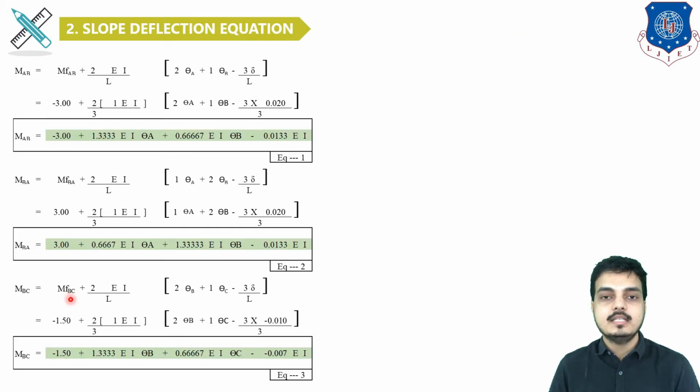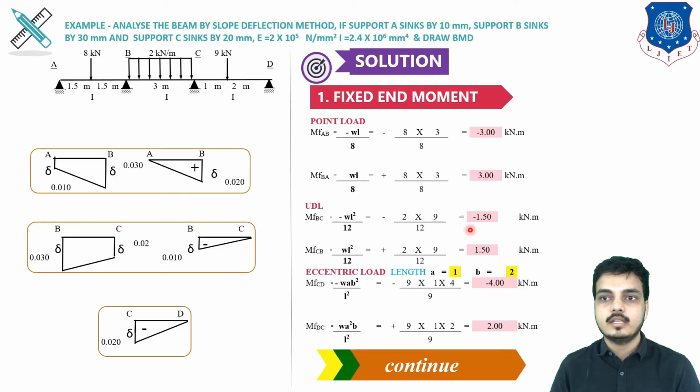MBC equals MFBC plus 2EI upon L into 2 theta B plus 1 theta C minus 3 delta by L. Theta B and theta C will remain as they are because both are my unknowns. At the place of delta we will be keeping minus 0.01. You can directly keep it as minus plus, but I will be doing it later. And at the place of fixed end moment I have kept minus 1.5. So you can see that here it is minus 1.5.